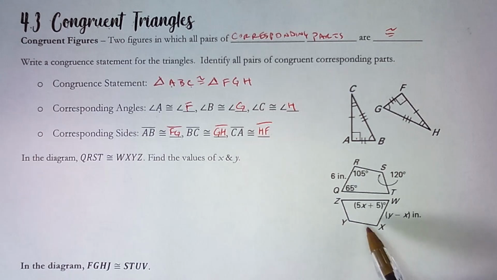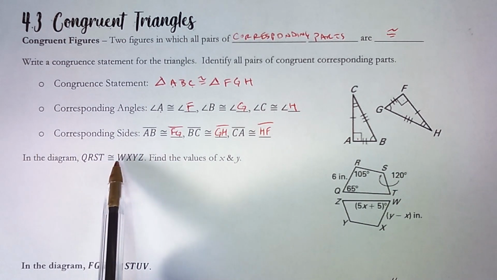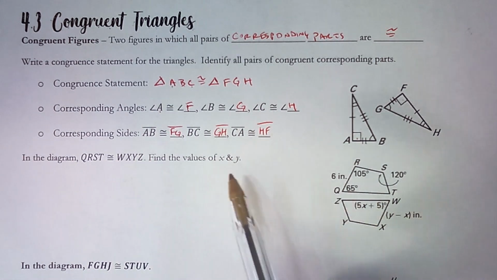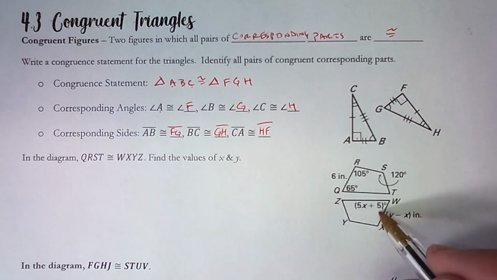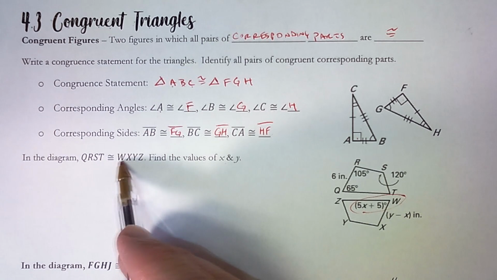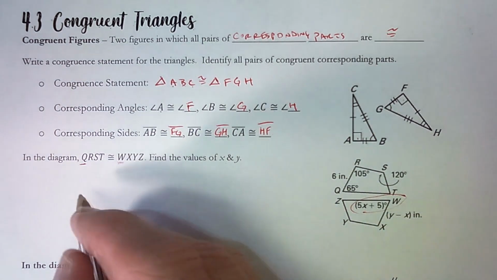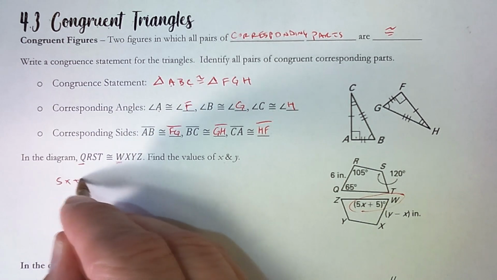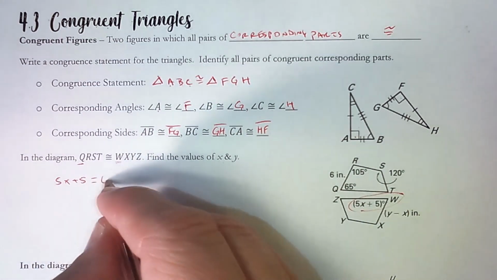Okay, so in this diagram, QRST is congruent to WXYZ. Find the values of x and y. So I have an x right here on angle W. And according to this, angle W must be congruent to angle Q. So 5x plus 5 is equal to angle Q, which is 65.